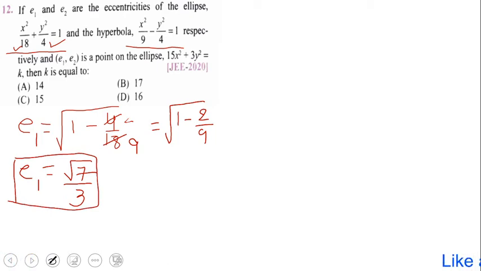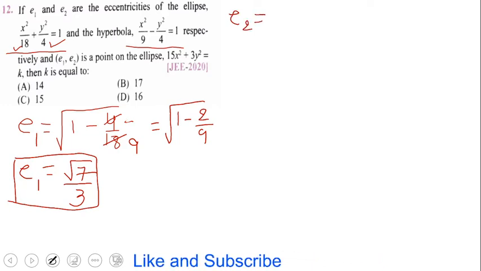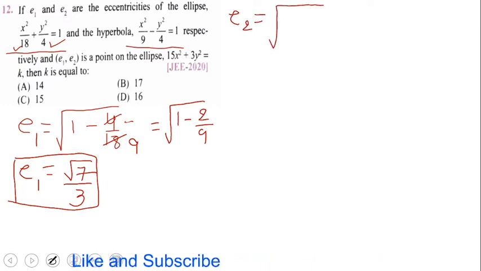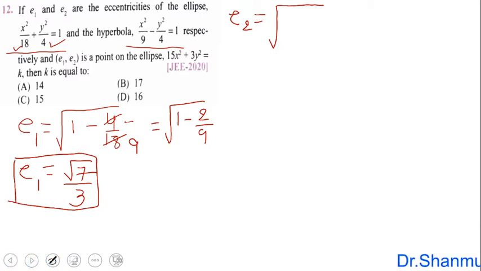Eccentricity E1 it is. Similarly, we will find the second eccentricity, of the hyperbola. It is given by the formula. I am taking the notation as E2, under the square root of. See, I told you the difference between the eccentricity of an ellipse and a hyperbola. In an ellipse it is minus, in a hyperbola it is plus, so it becomes 1 plus.